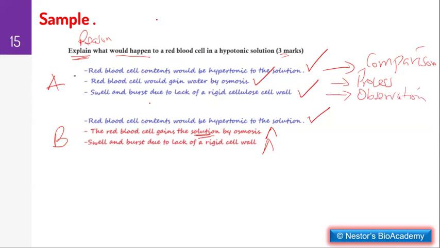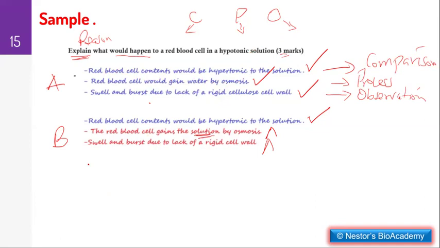So mostly for questions of osmosis, it's always ideal to track your responses to ensure you are comparing the concentrations of the solutions, you are mentioning the process, and you're relating it to the observation that is going to be made in that regard. And again, remember, the comparison can be made in two ways. I can say Tom is taller than John.